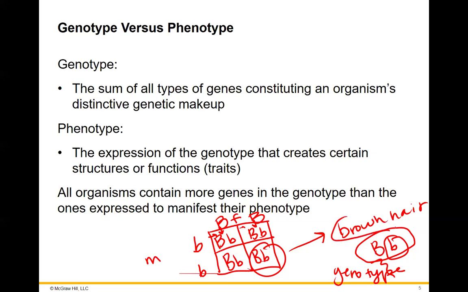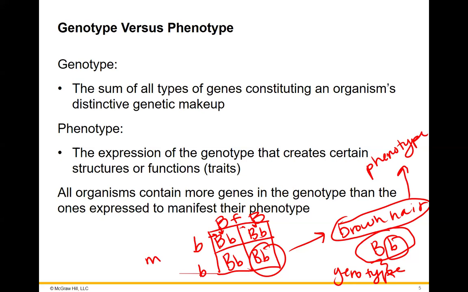This brown hair aspect, what we see expressed, this is called the phenotype. So they're just two words here, genotype and phenotype. Genotype is the genes that you're going to have. The phenotype is what you actually see expressed. So even if your genotype had been big B, big B, your phenotype still would have been brown hair, right?